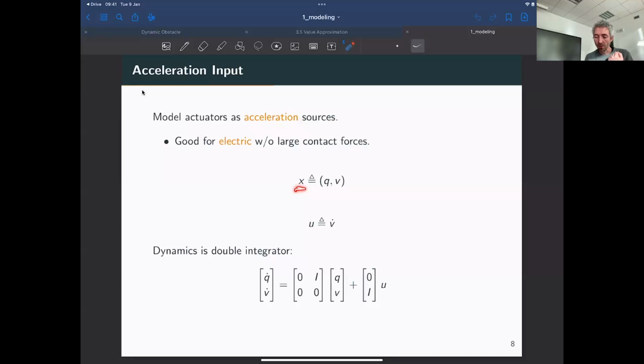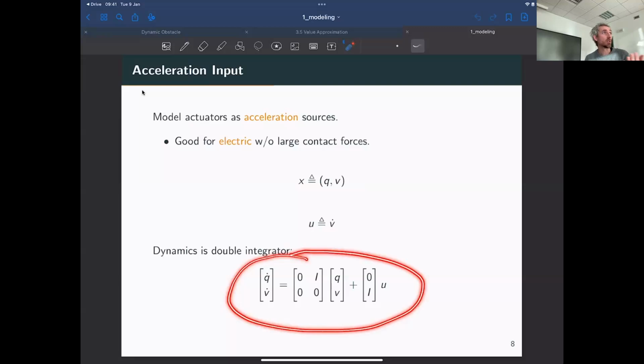So the state now is extended to contain both Q and V, joint angles and joint velocities. And your control inputs to the system are going to be the joint accelerations. Even in this case, the dynamics is linear, but instead of being a single integrator, it's a double integrator. Still very simple because it's linear.